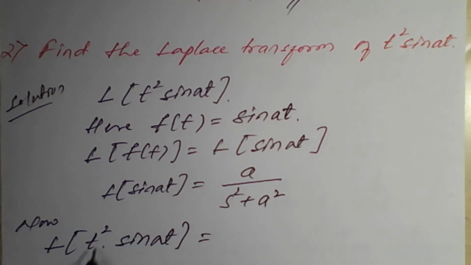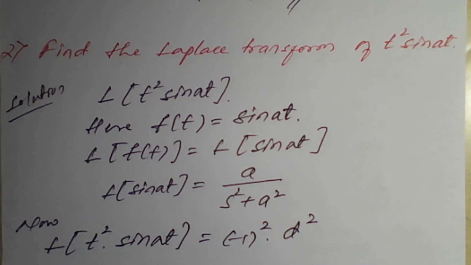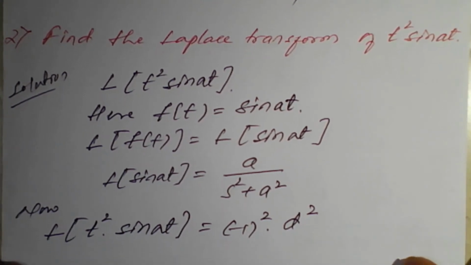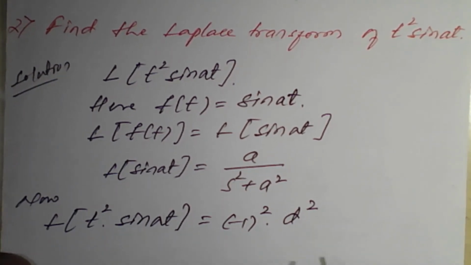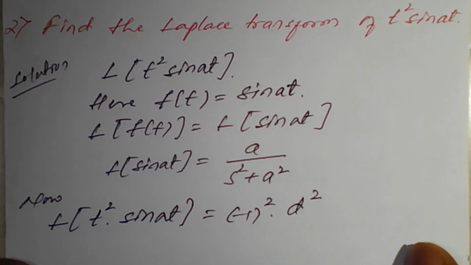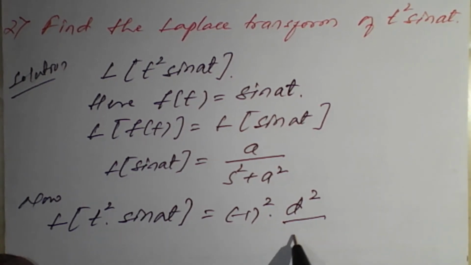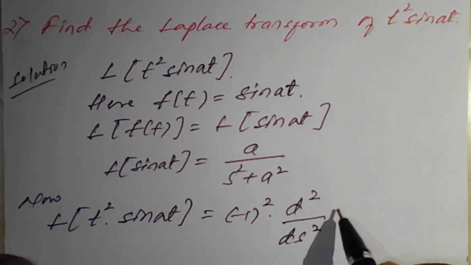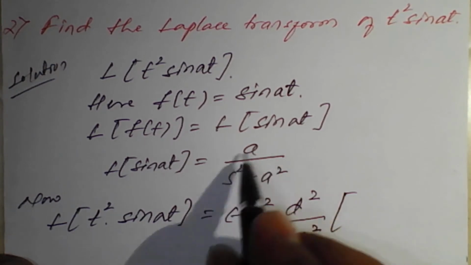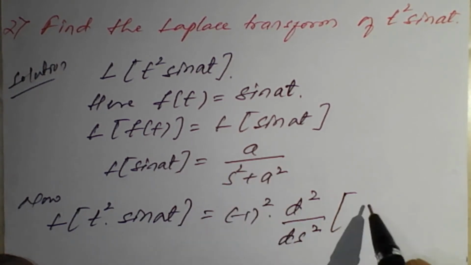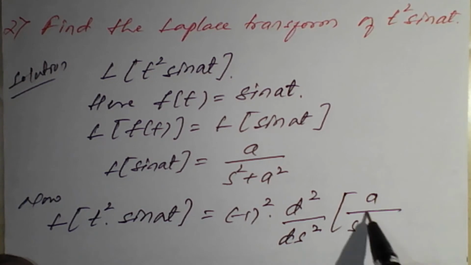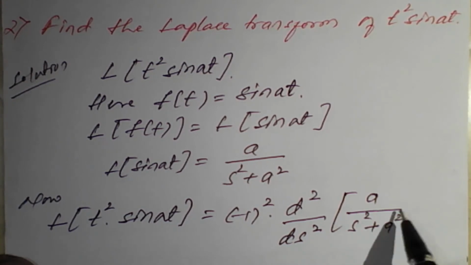What happens here? The value of n is 2. So therefore it will be minus 1 raised to 2, d square upon ds square of this function f of s, which is a divided by s square plus a square.